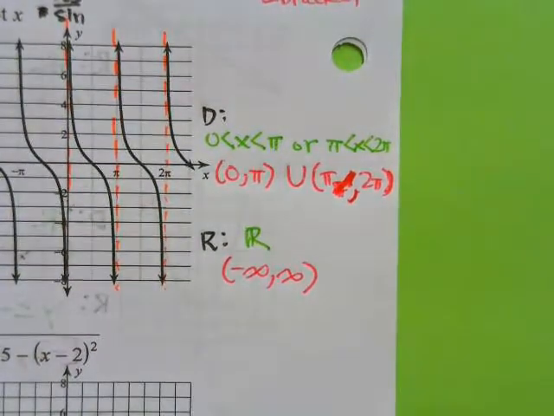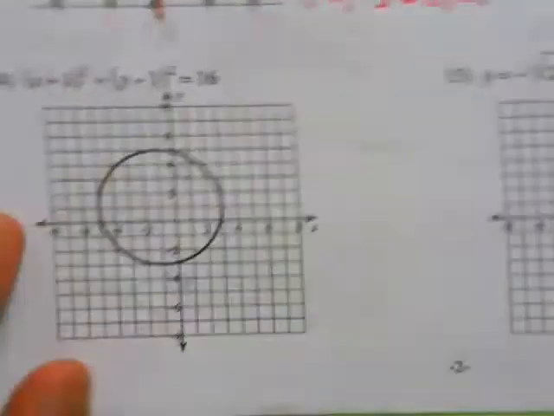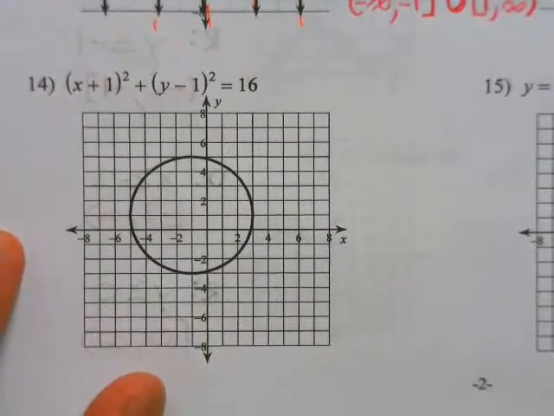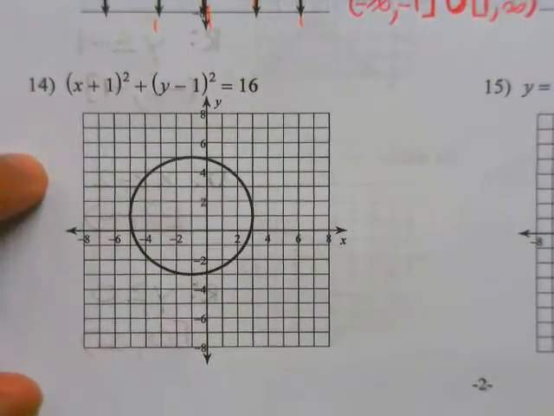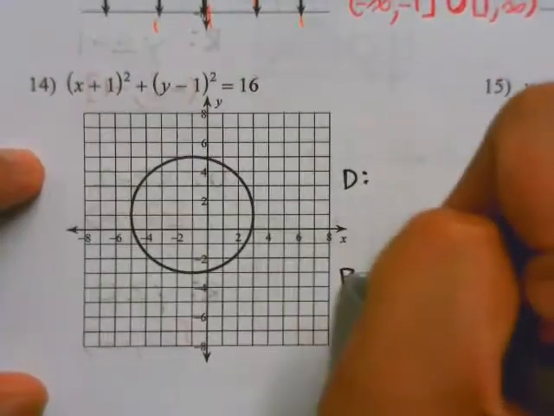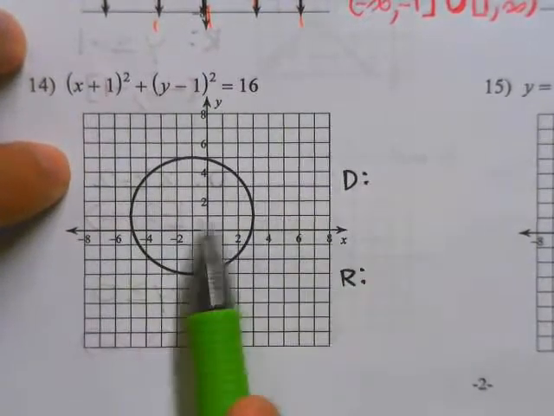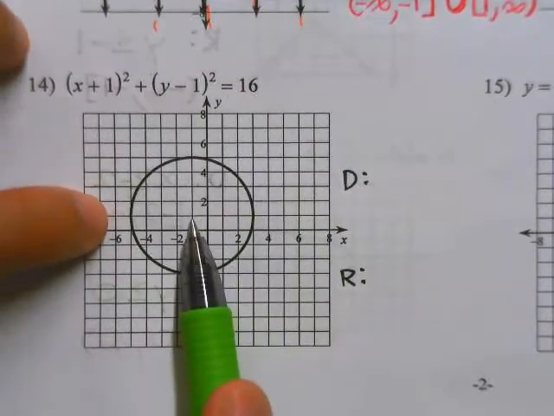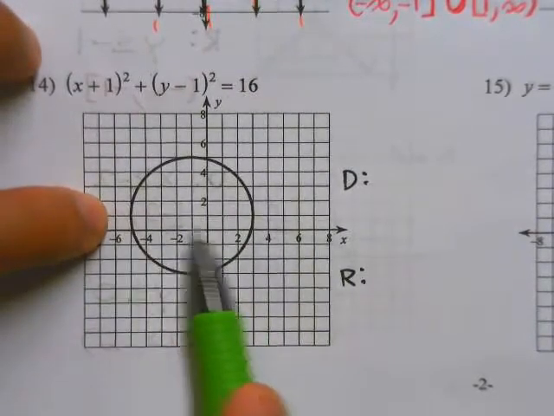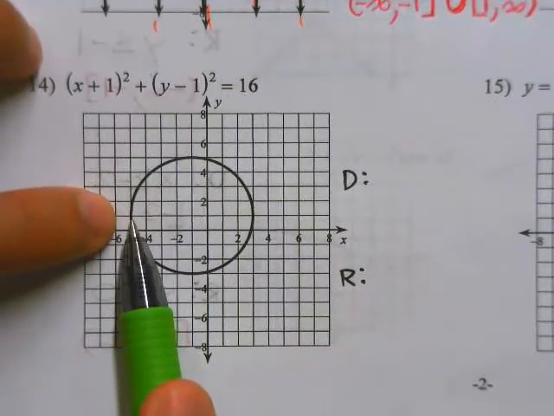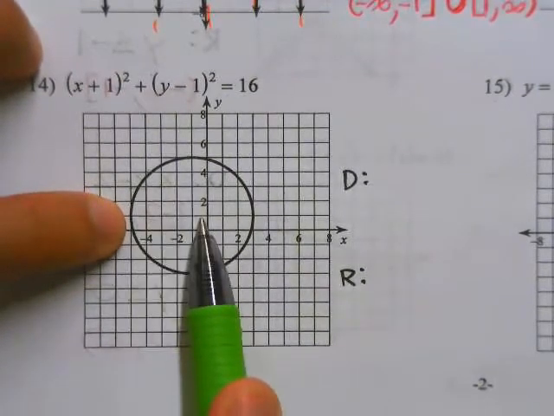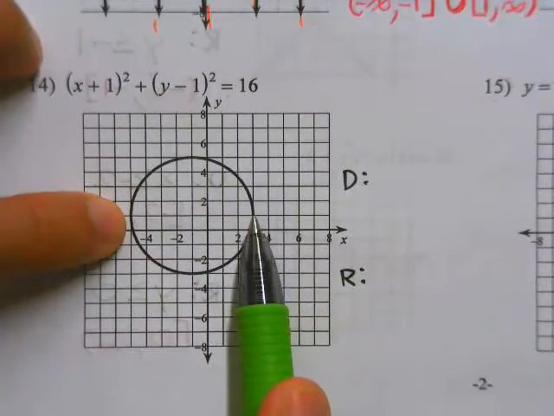Okay. You know, this video is taking a little bit too long just because we're almost done with the notes already. Let's do circles 14 and 15 and we are done for the notes for this lesson. Okay, domain and range. Okay. All right. Ooh, I like this one because we just look at the most left and the most right, and the most left is at -5 and the most right x value is 3.